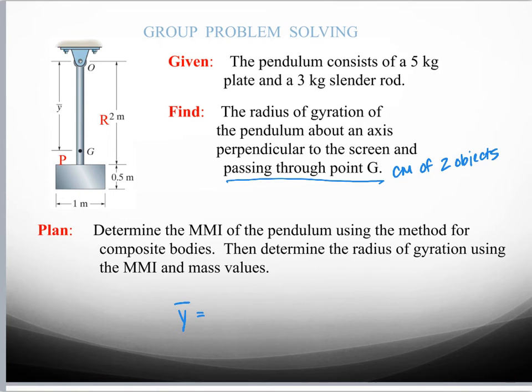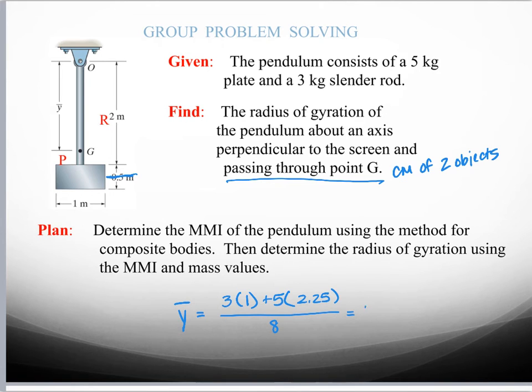So we're going to take the mass of the rod, which is 3 kilograms, times its center of mass. It's 2 meters long, so it would be half of that, so it's 1. Then we have the 5 kilogram plate, and its center of mass is going to be right in the middle, so it's going to be 2.25. And then we'll divide by 8.